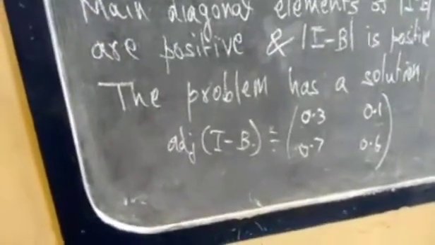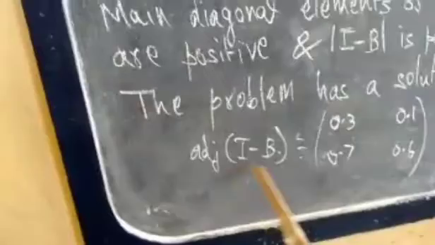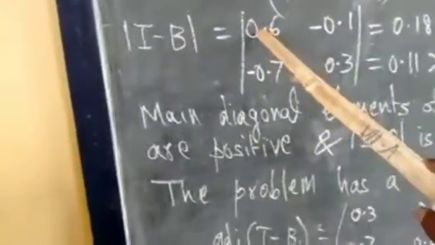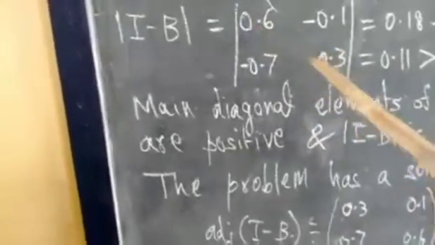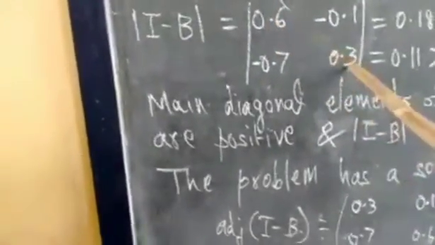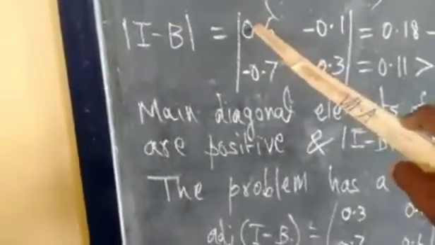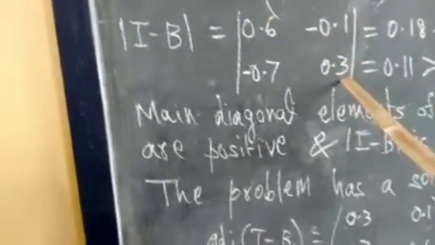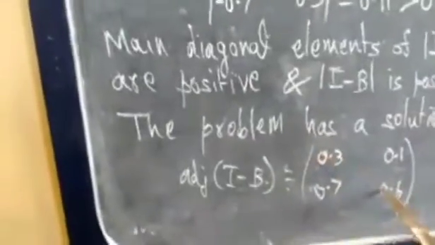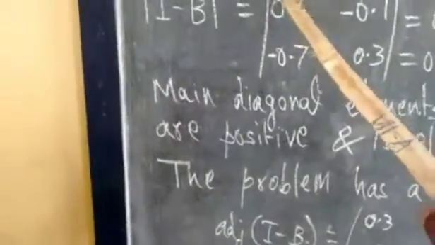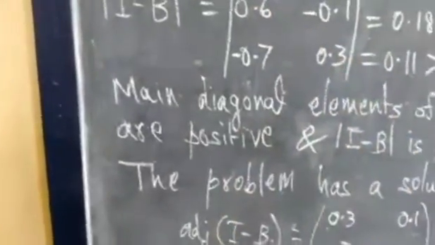First we have to find the adjoint of I minus B. How can you write the adjoint? In the main diagonal or principal diagonal elements, let us interchange this 0.3 right here and this 0.6 right here. This diagonal has many names: main diagonal, principal diagonal, leading diagonal.